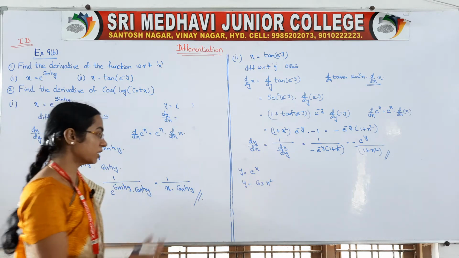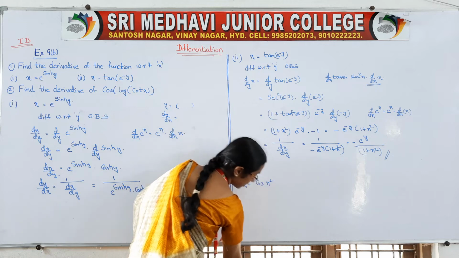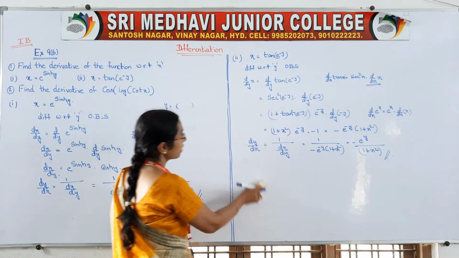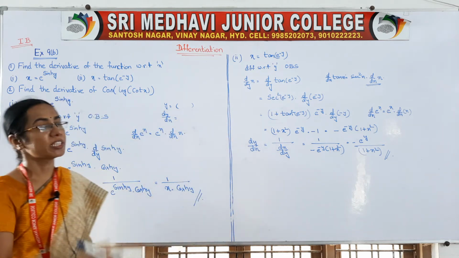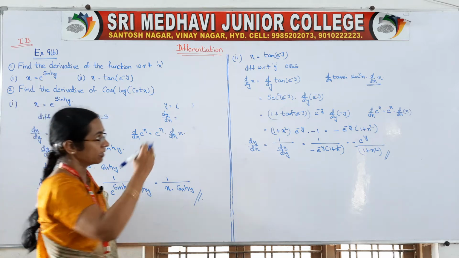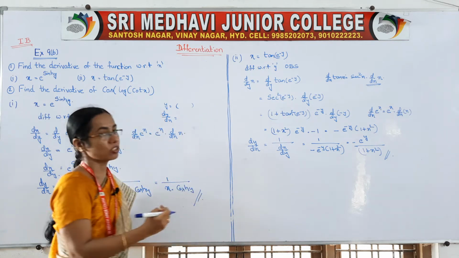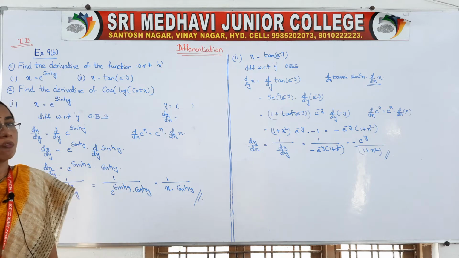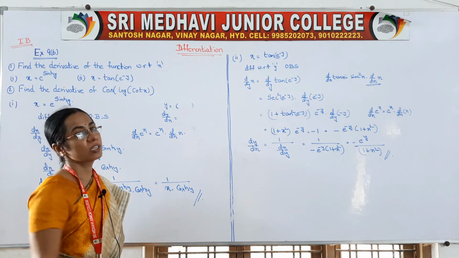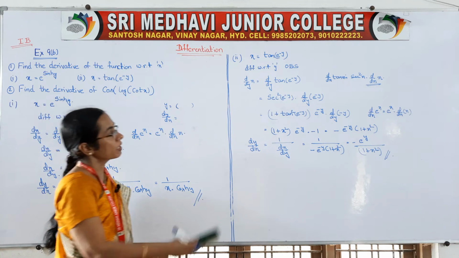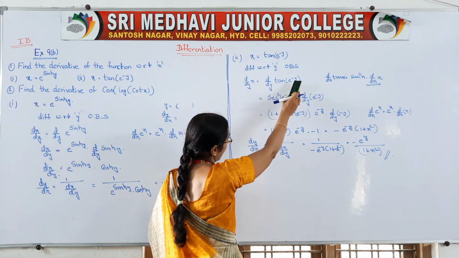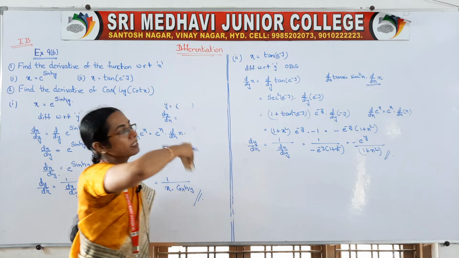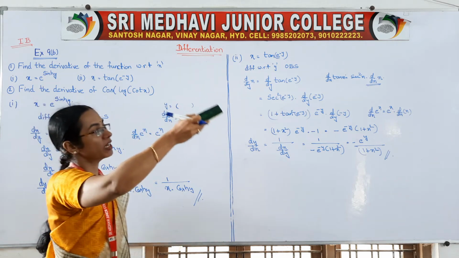Till now. But now, here x is given in terms of y. That's why first differentiate with respect to y. Generally we will differentiate y with respect to x. Here we have to differentiate x with respect to y on both sides. So then you will have d by dy of tan. d by dx of tan x is secant square x into d by dx of x.